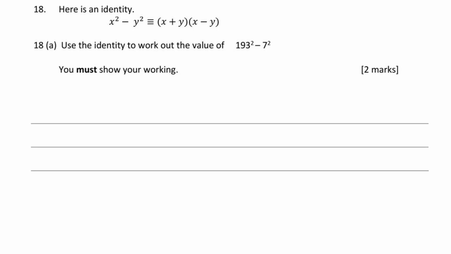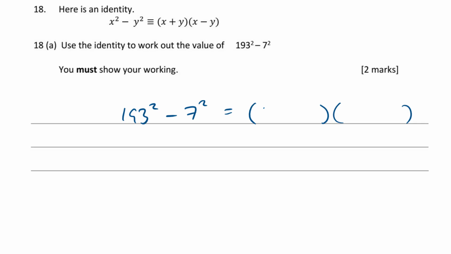Okay, so what we're going to do is take 193 squared minus 7 squared, and rather than working out 193 squared, this is a non-calculator paper, isn't it? It's going to be tough. I'm going to use my identity instead. So if I've got one thing squared minus the other thing squared, that's the same as the thing plus the other thing multiplied by the thing minus the other thing.